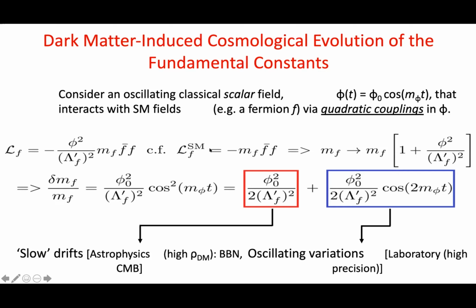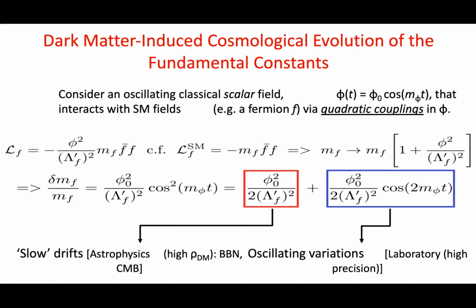So we can combine these two terms into one and say the mass varies. It's just a trick which allows us not to perform a new calculation, because we already calculated how atomic transition frequency depends on mass, for example, or on the fine structure constant.